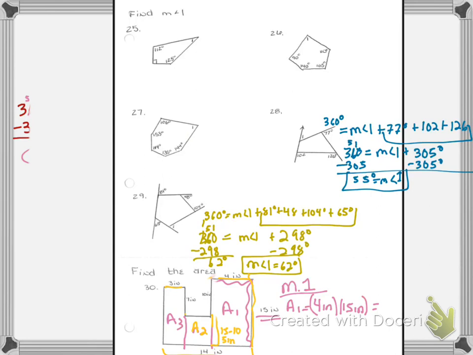So you're going to have 14 minus 3 minus 4. Well, that's going to give us 7. This has to be 7. So area 2 equals 7 inches times 5 inches.